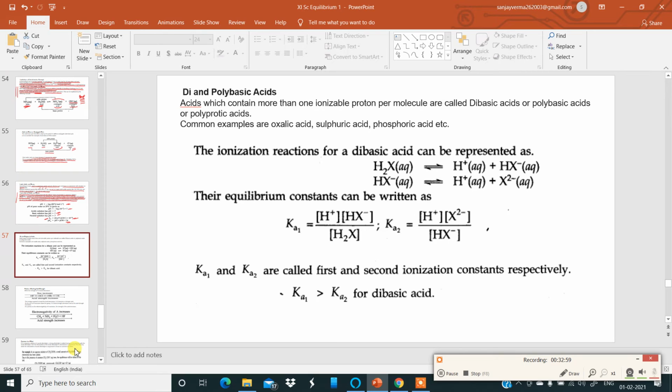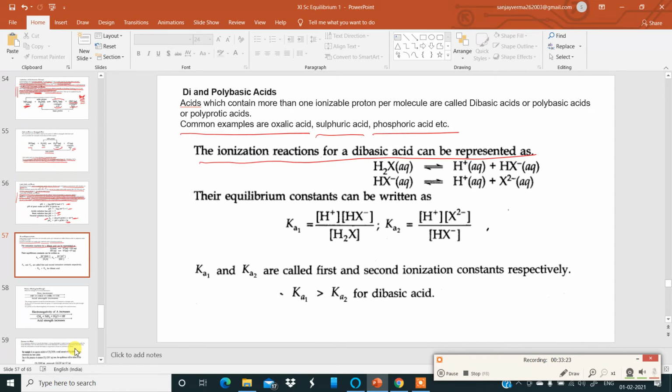Now we have di and polybasic acids. Acids which contain more than one ionizable proton per molecule are called dibasic acids, polybasic acids or polyprotic acids. Common examples are oxalic acid, sulfuric acid, phosphoric acid. The ionization reactions for a dibasic acid are given over here.